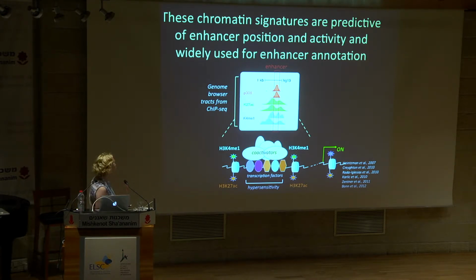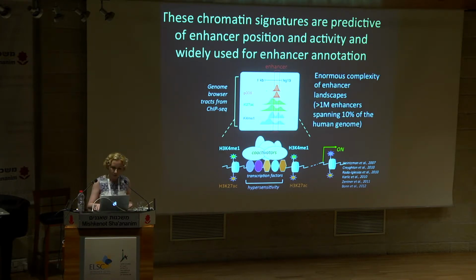The idea here is that we can use technologies such as ChIP-seq to map positions of general coactivators or these enhancer-associated histone modifications, and based on this information, we can infer the position and to some extent also activity level of enhancer in a given cell type.